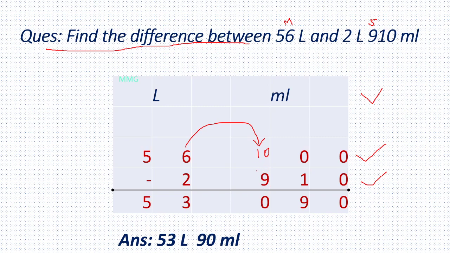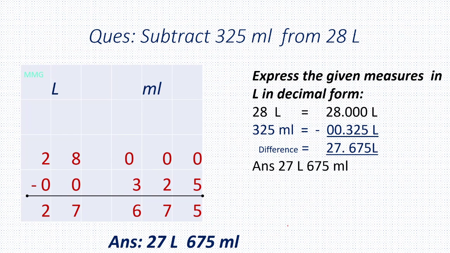Now what you have to do here, we have to borrow 1 from here and it will become 10, and here we have 9. So 10 minus 1 equals 9, 9 minus 9 equals 0, and here now we have 5. 5 minus 2 equals 3 and 5 minus 0 equals 5. So our answer is 53 liter 90 milliliter. Moving to the next page.